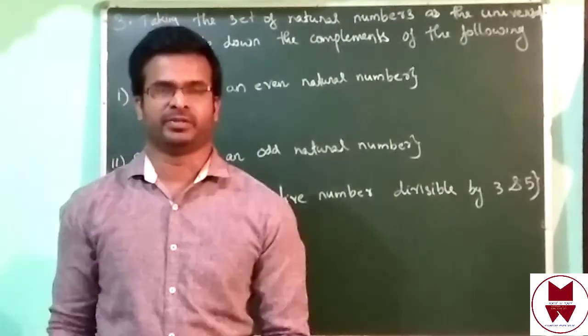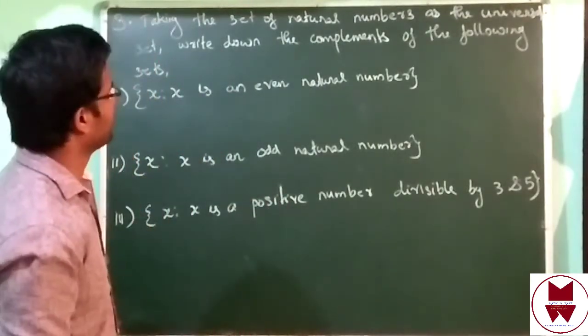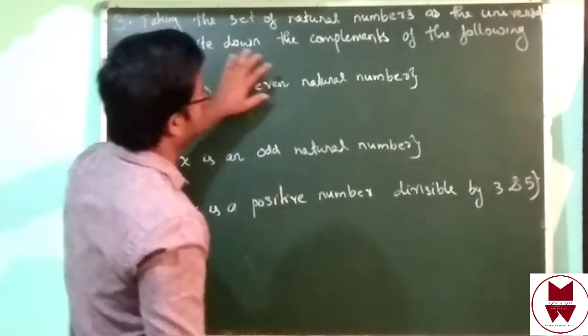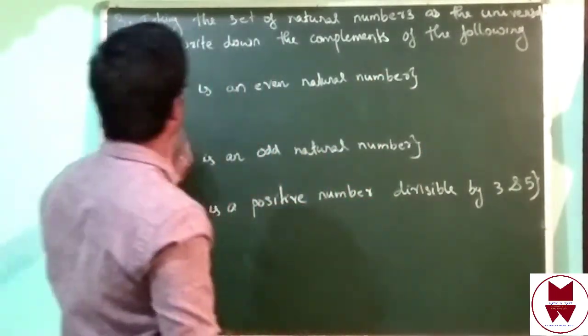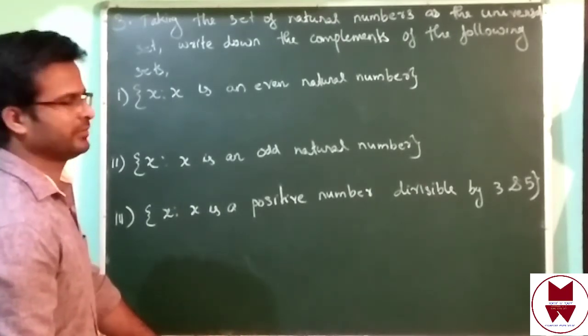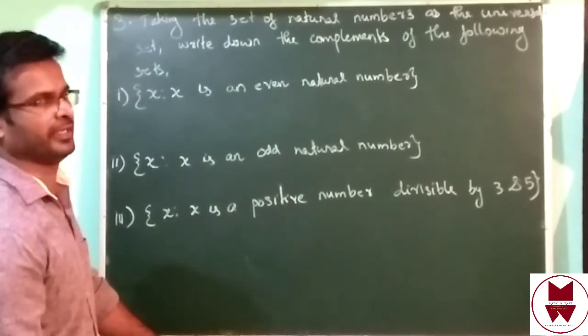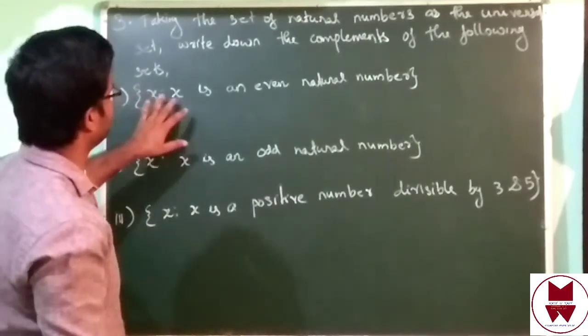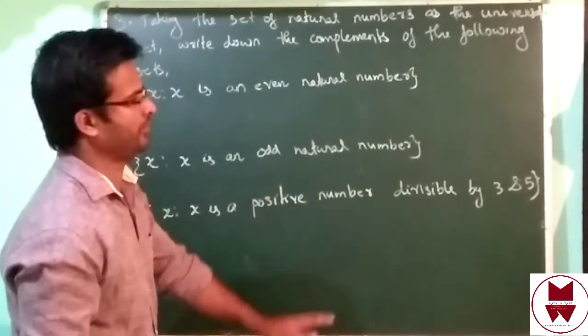Now we can see question number 3. Taking the set of natural numbers as the universal set, write down the complements of the following sets. Here some sets are given in set builder form, we have to find the complement. Roman number 1, set of x such that x is an even natural number.